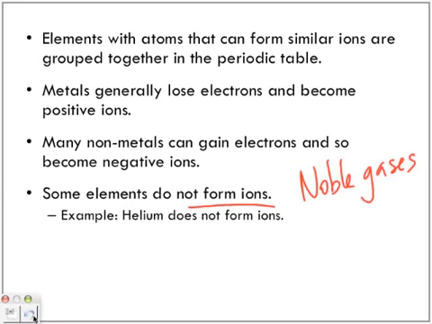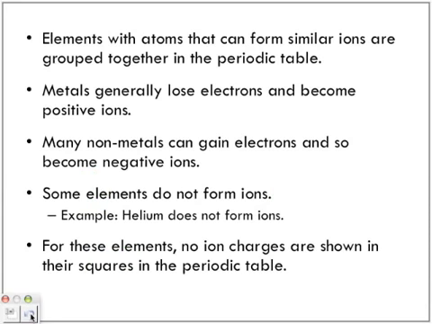These noble gases are in their most stable state. For these elements, no ion charges are shown in their squares in the periodic table. You'll notice that those are the only elements that really show no charge. You'll see some of the metals also don't show them, but we'll talk about that at a more senior level.